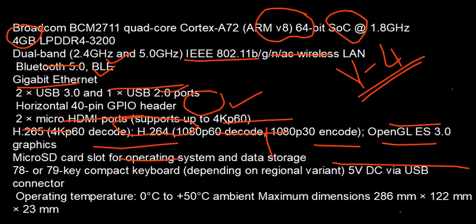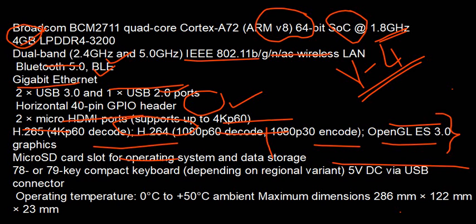Please look at these things: the frequency at which it works, the capacity of your RAM, and even the on-chip features like your USB ports, Ethernet, the operating temperature, maybe even the dimensions. And the most important is the graphical support, support for graphics, audio, video and all.